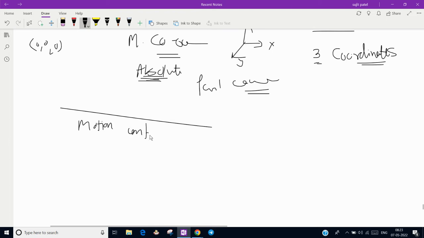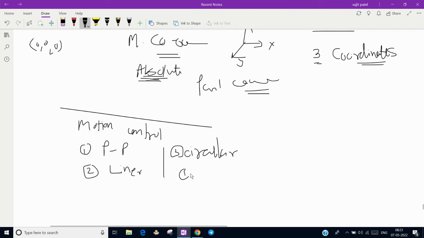In an NC machine, motion control is of four types: first point to point, second linear motion control, third circular motion control, and fourth contour. What is point to point motion control? Suppose this is the part and you have to make four holes like this.